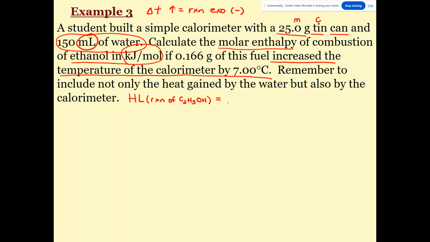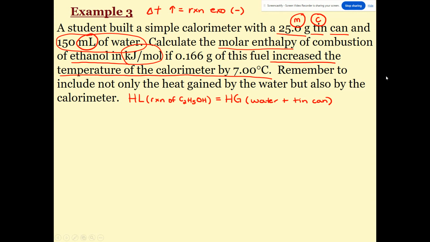So my reaction being exothermic is losing heat, and what is gaining heat now is not only the water, but also the tin can that's holding the water. If you have the mass and material to find the specific heat capacity of the can holding the water, you should always include it. It makes it more accurate.